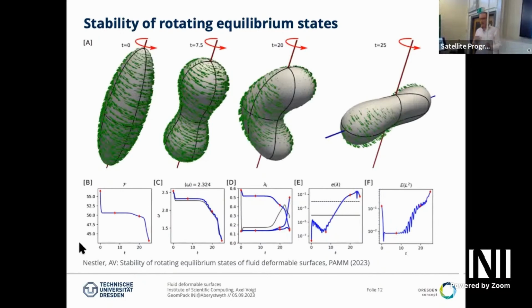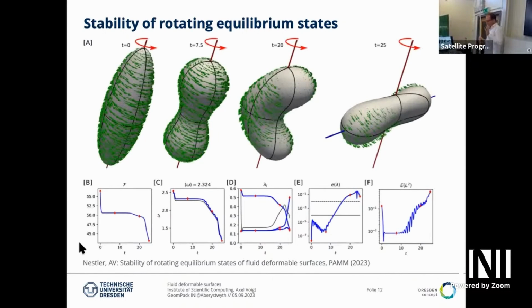We looked at this, and under the assumption that everything is rotationally symmetric, these states are stable, and they are also reachable if you start from a rotationally symmetric configuration.